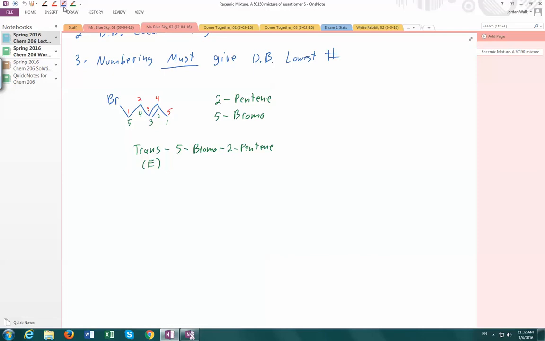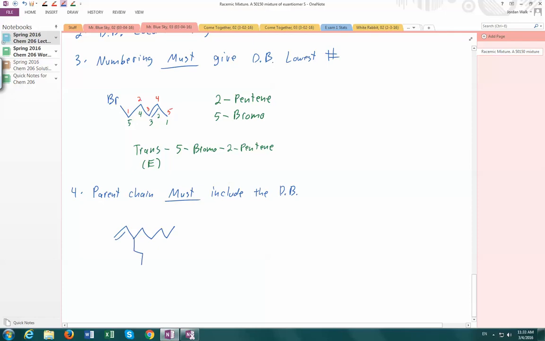Another new rule as it comes to alkene nomenclature is that the parent chain must include the double bond. So for example, we could have this structure.